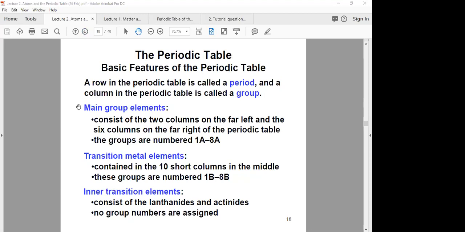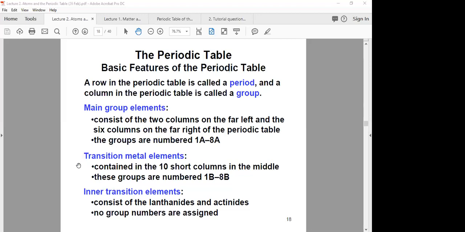Here's another grouping, the main group elements. The main group elements consist of the two groups on the far left of the table, and the 6 groups on the far right of the periodic table. And these groups are numbered 1A through to 8A. So they're all the main group elements.